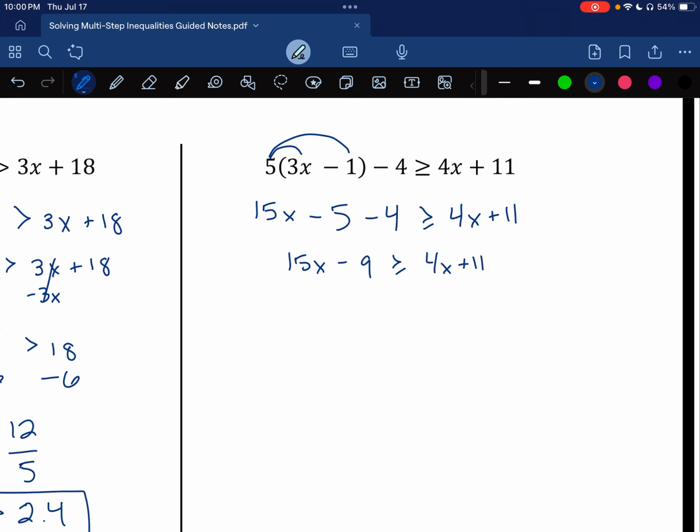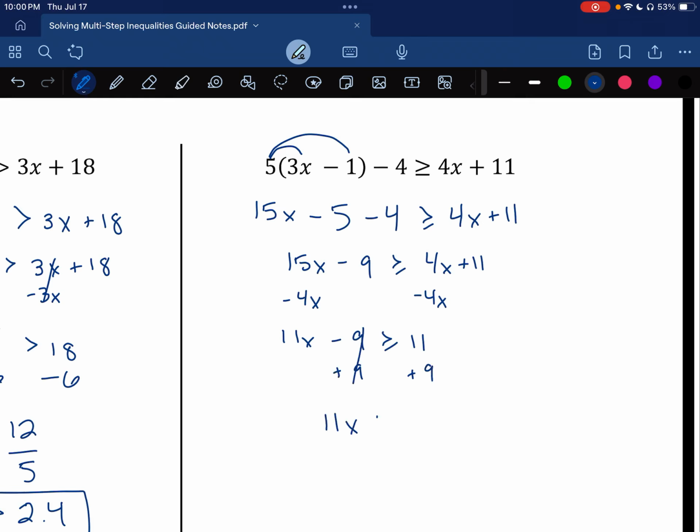Again, I want to make this variables on one side. So we're going to end up with 11x minus 9 is greater than or equal to 11. Add 9 to both sides. Okay, 11x is greater than or equal to 20.